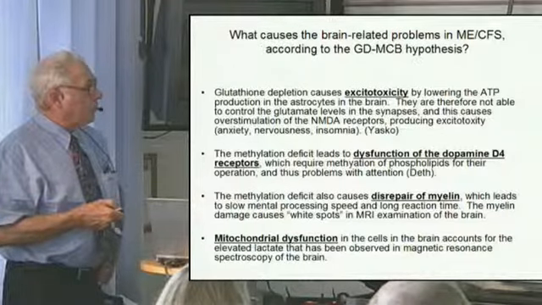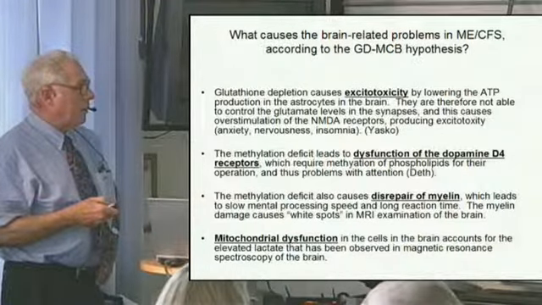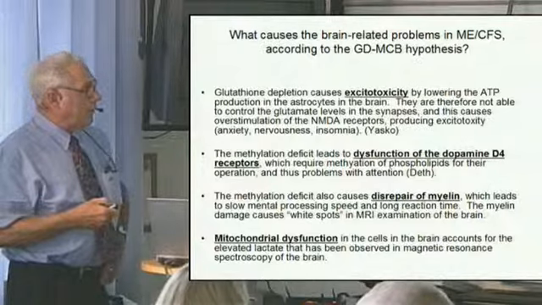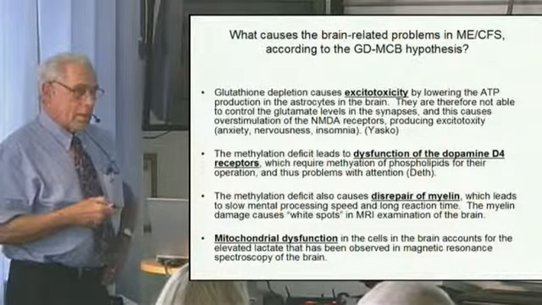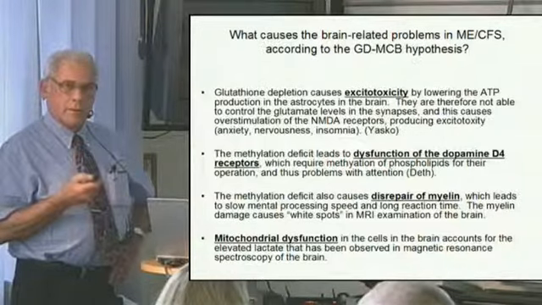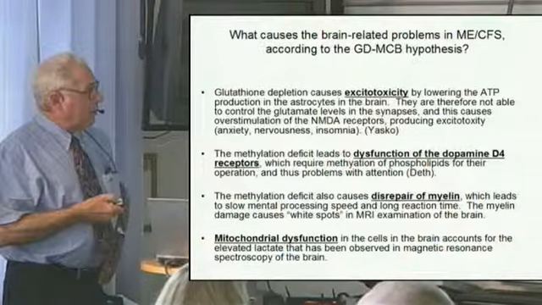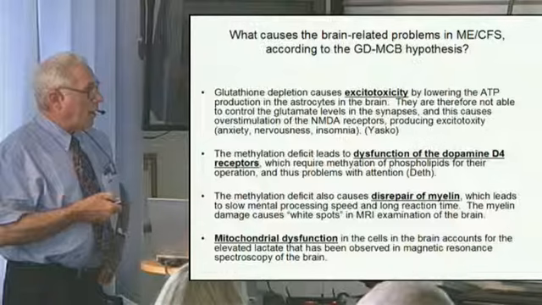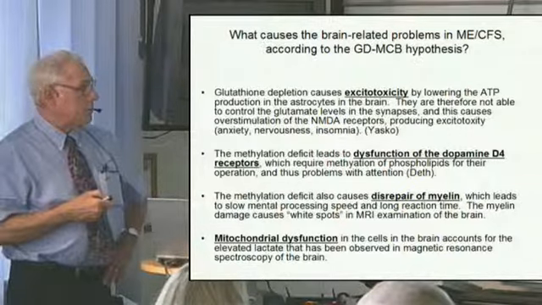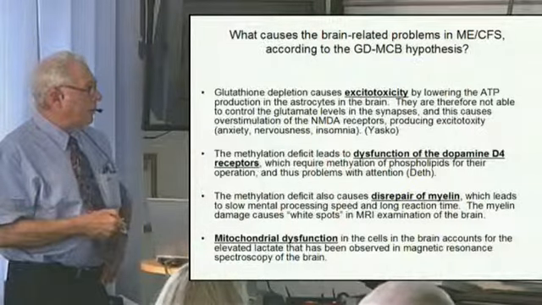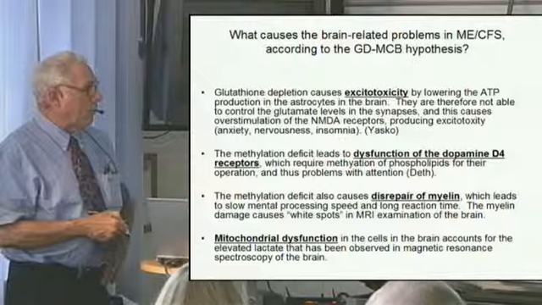Glutathione depletion causes excitotoxicity, and the way that happens is, you know, glutamate is the main excitatory neurotransmitter in the brain. And when glutamate levels go too high in the synapses, it stimulates the NMDA receptors too much, and that produces excitotoxicity, which involves things like anxiety, nervousness, and insomnia.